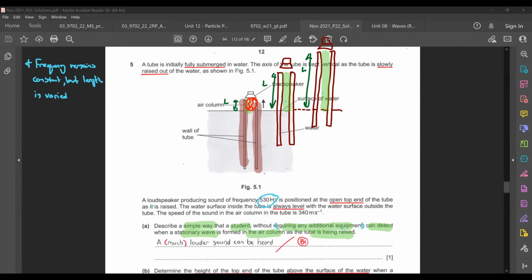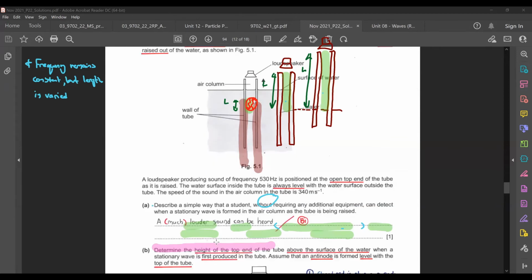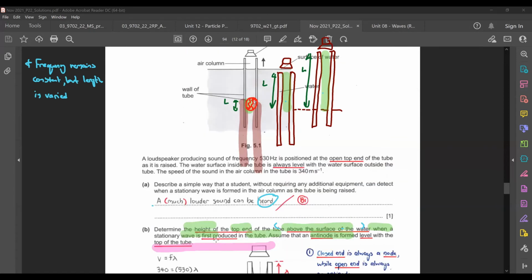So the easiest way to detect the formation of stationary waves, which happen to be sound waves here, is that you usually will be able to hear a much louder sound when stationary sound waves are formed. This one doesn't need you to use any special equipment. You just hear using your ear. A much louder sound can be heard.